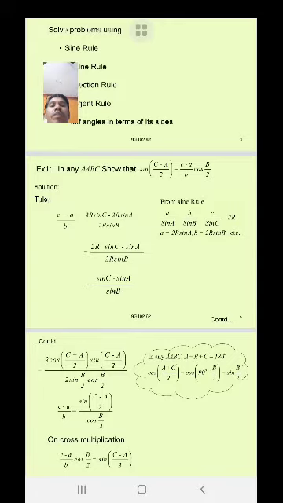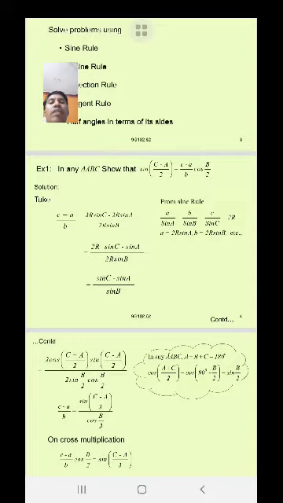First we will simplify that. (C minus A)/B, from sine rule we know C is 2R sine C. So substitute by using the sine rule, same for A and B also. So (2R sine C minus 2R sine A)/(2R sine B).